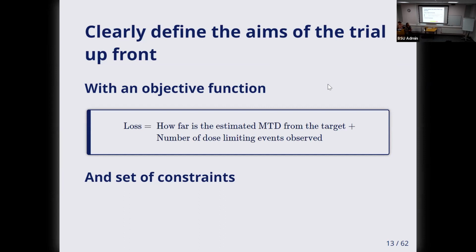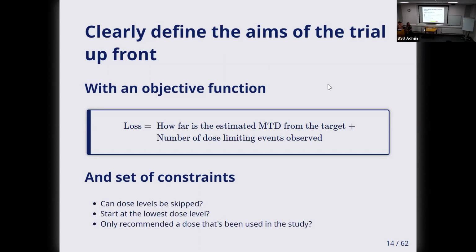So we might have a term based on how well we're estimating the maximum tolerated dose. So the dose we come up with at the end, how close is that to our target rate of dose-limiting events, which might be 20 or 30%, for example. And then we might also have a term based on the safety during the trial. So we can have some penalty term to penalize events that happen during the trial.